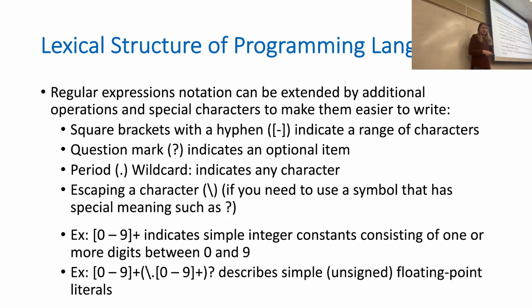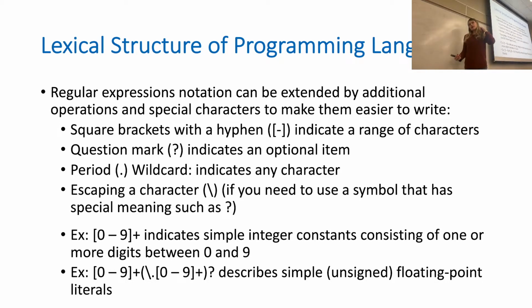Okay. And then down here is a little goofier, but we can break it down. The first part's the same. It's the set of all base 10 digits repeated 1 or more times. But then we have this optional component. Within the parentheses, and the end of the parentheses has that question mark, meaning everything in the parentheses is optional.